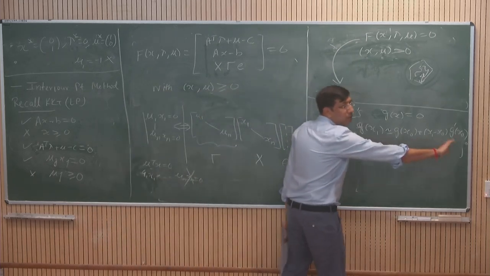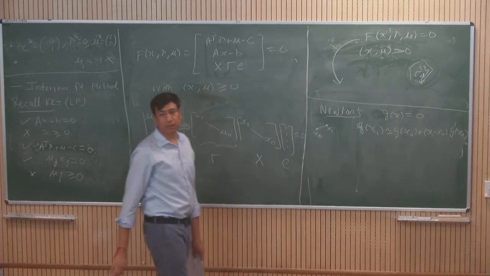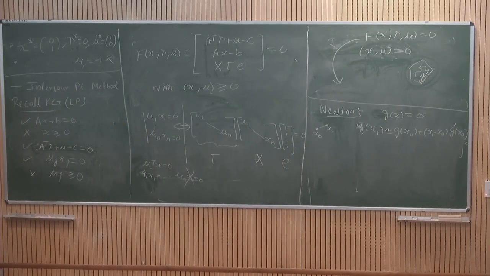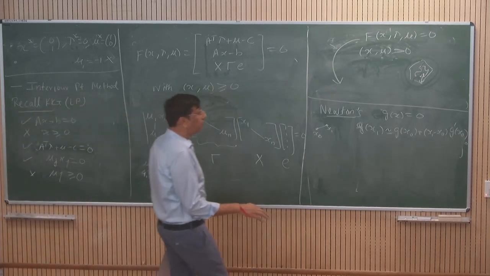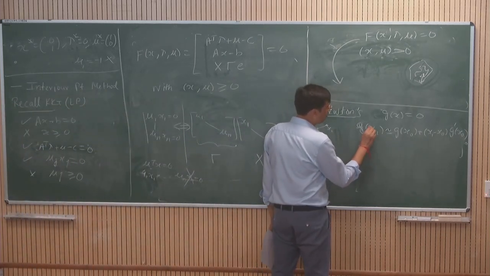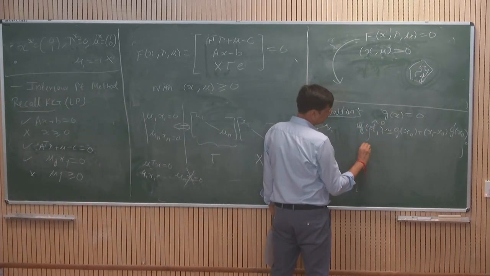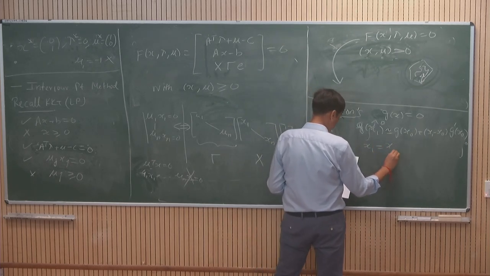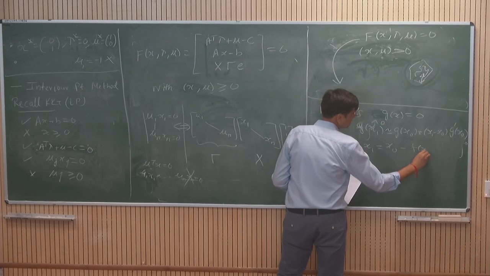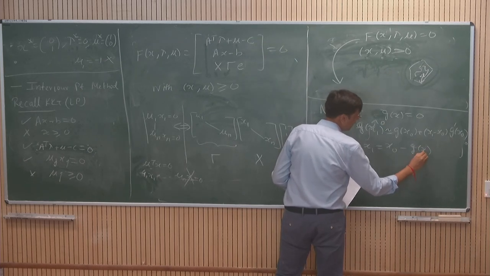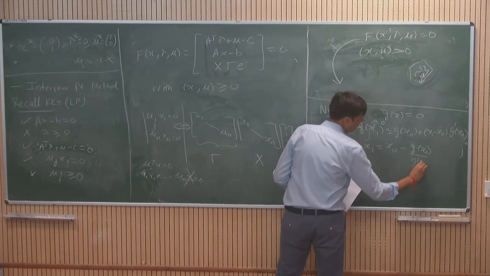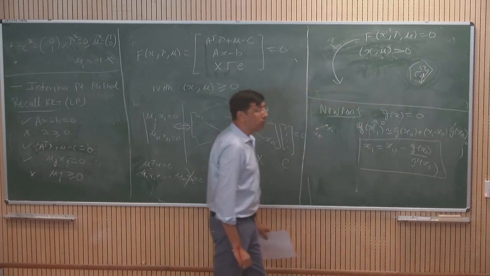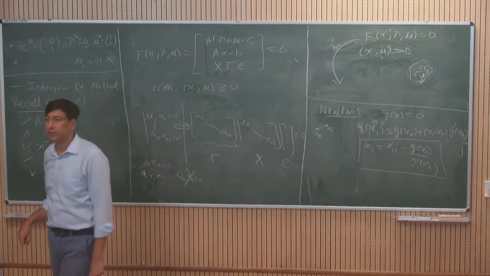There will be higher order terms which I have not written. G is a function of one variable and it's a scalar function as well. So then how did we derive the Newton step? We forced this equal to 0. Then we said x1 is equal to x naught minus g of x naught divided by g prime of x naught. This was the Newton iterate if you recall your numerical methods.